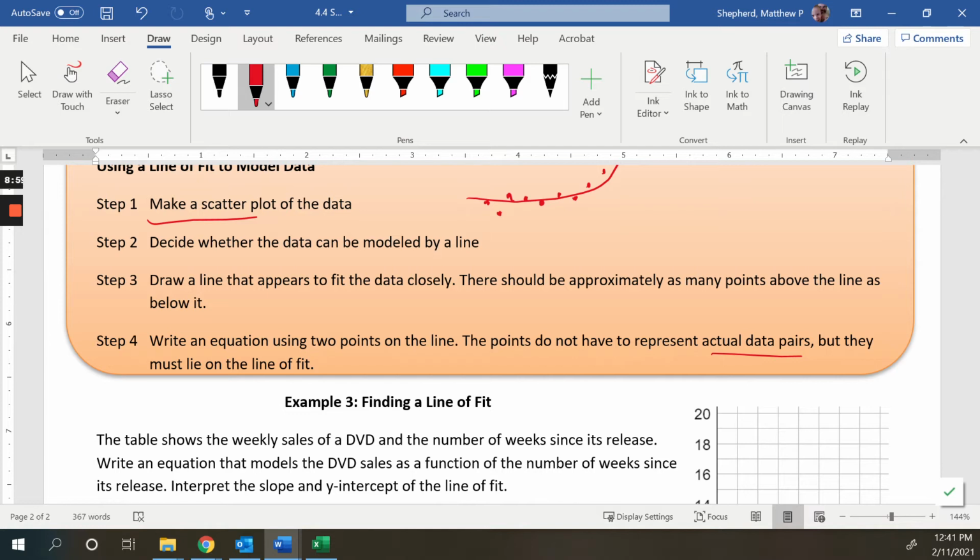Okay, so we're going to be using 2 points to create an equation, y equals mx plus b. You may want to view a previous video on how to use 2 points to calculate a line. But that's essentially what we're going to do. We're going to get 2 points and use those to figure out y equals mx plus b.